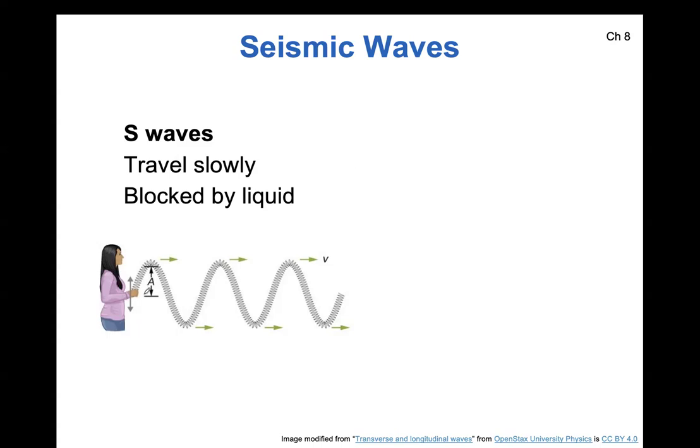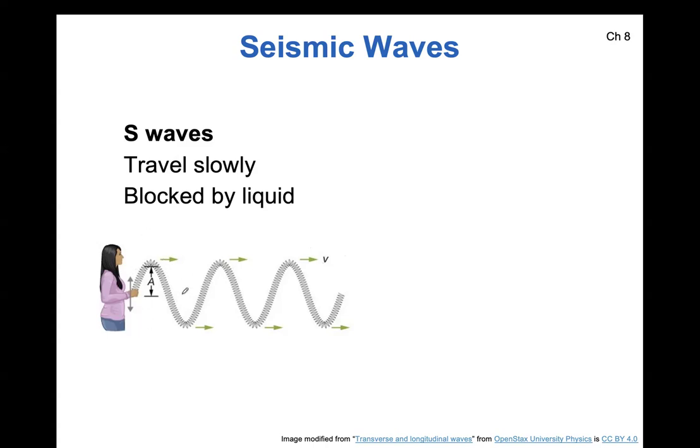The up and down motion is shown as, well, just that, right? We have what's called the amplitude, which is the displacement from where the slinky would be if it hadn't been vibrated or shaken up and down. That amplitude is relative to this horizontal line, and it's perpendicular to the direction of motion of the wave, which is shown by the green arrows and the letter V representing velocity.